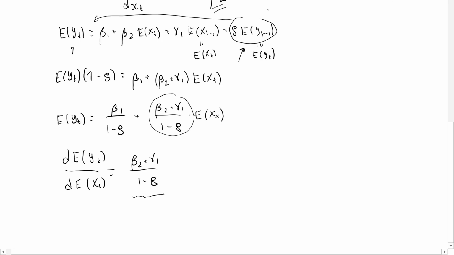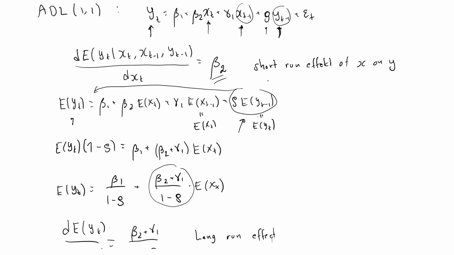So based on this, I can actually estimate the long run effect that a change in the x variable will have on the y variable. And this is a concept that only appears in dynamic models. In static models, since we have no lagged effects, the short run effect and the long run effect must be the same.